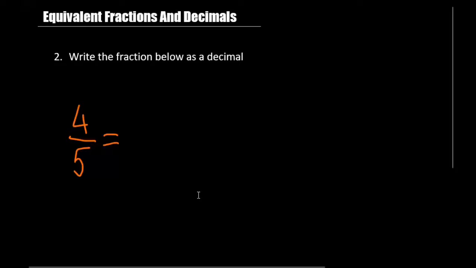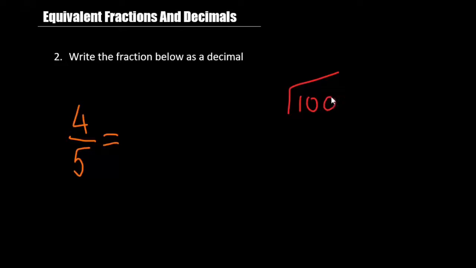Our second question is, write the fraction below as a decimal. So again, we're going to follow the same steps we did on the previous slide. What we did was we divided the denominator by 100, or 1, which is the whole. So our denominator is 5, and we're going to place the decimal point right here next to 1. And so we're just going to have to start dividing. 5 goes into 1 0 times.